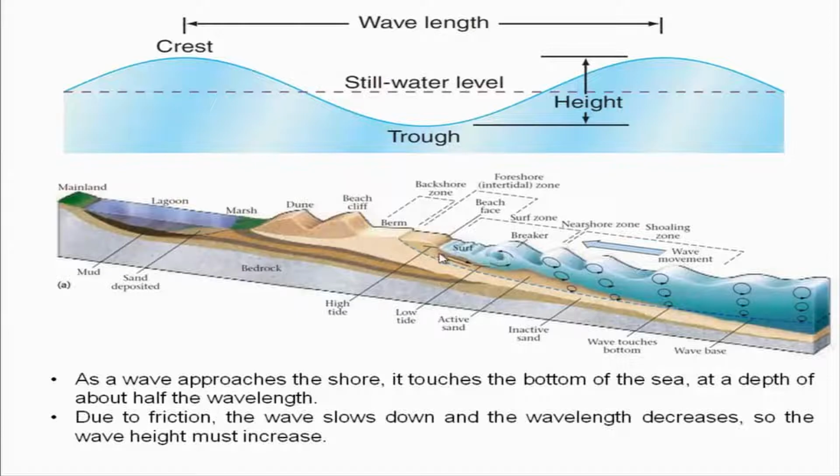Because of this, in most coastlines what you see is the surf zone, which is mostly seen close to the beach areas. Before the intertidal zones, you will have the surf zone and the backshore areas behind the beach ridges.